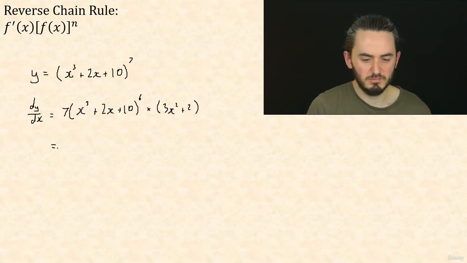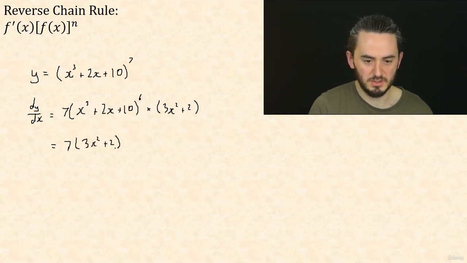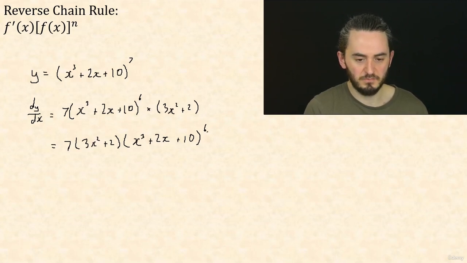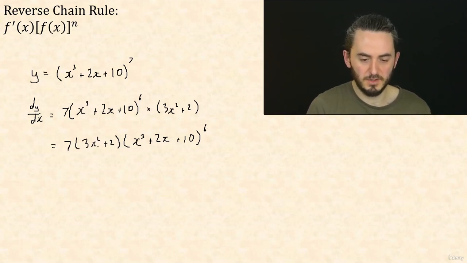Neatened up a little bit and reshuffled around in a way that doesn't really matter, but it's just going to help my explanation later, I get 7 times (3x squared plus 2) times (x cubed plus 2x plus 10) all to the 6. So let's think about this form that we've got here. What I've got is a function to the power of 6 here, and then floating around at the front is the derivative of that function.